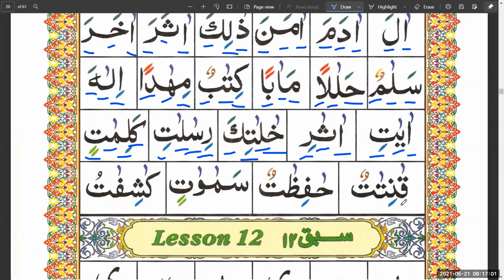Last line. We have qaf standing fatha qa, nun kasra ni, ta standing fatha ta, and ta two dhamma tun. Qanitatun. Next one. Ha standing fatha ha, fa kasra fi, va standing fatha va, and ta two dhamma tun.